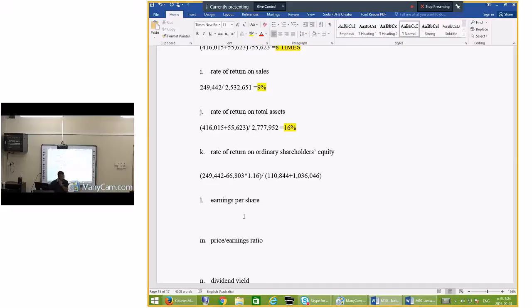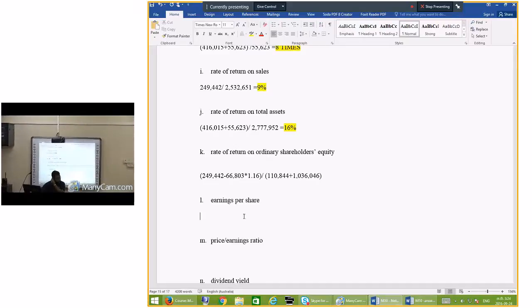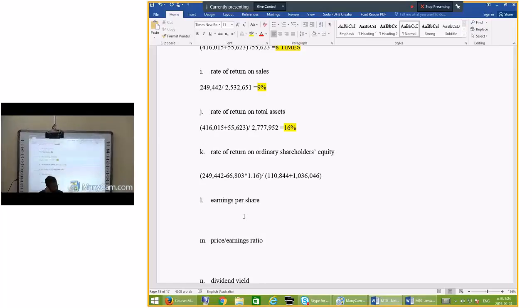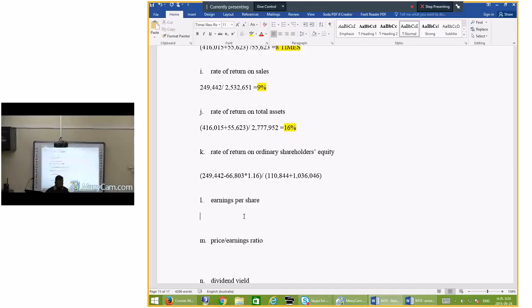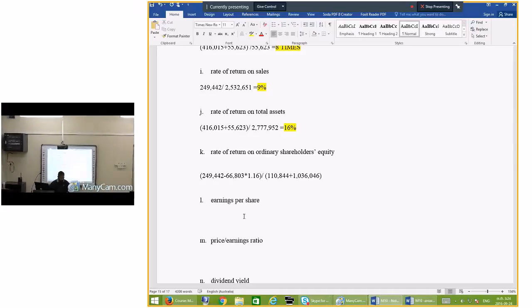As a percentage, how much? 18, 14 or 20? We calculate this one and get the figure. As a percentage, 14.9.